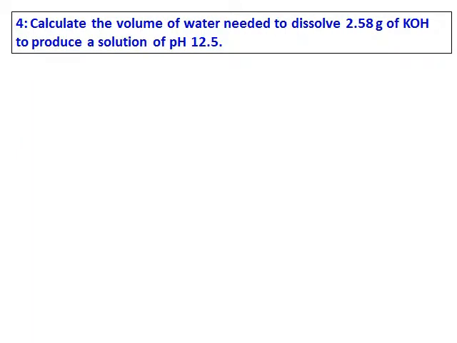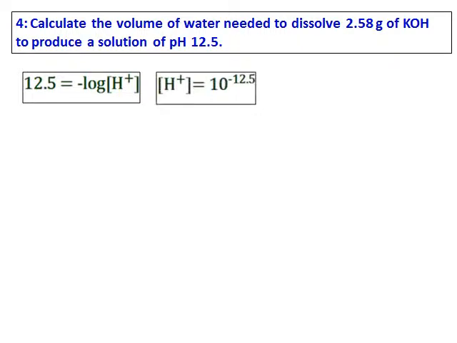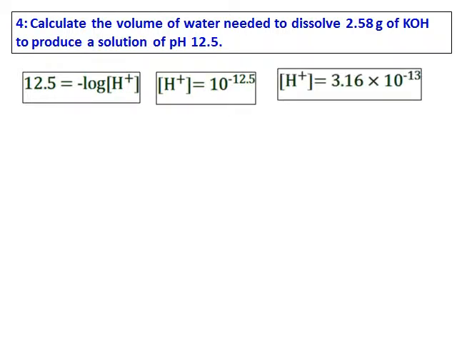Calculate the volume of water needed to dissolve 2.58 grams of potassium hydroxide to produce a solution of pH 12.5. So as always, since the pH is given, let's calculate the hydrogen ion concentration. So I take the antilog, like 10 to the power of negative 12.5, and that gives me the hydrogen ion concentration as 3.16 × 10 to the power of negative 13.